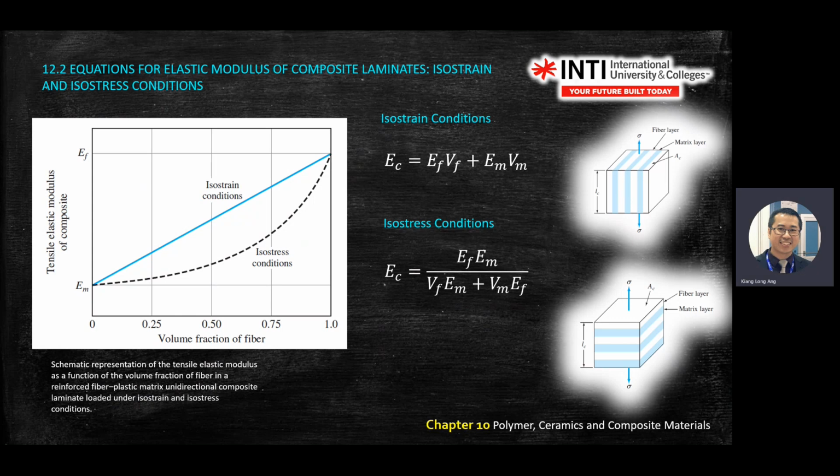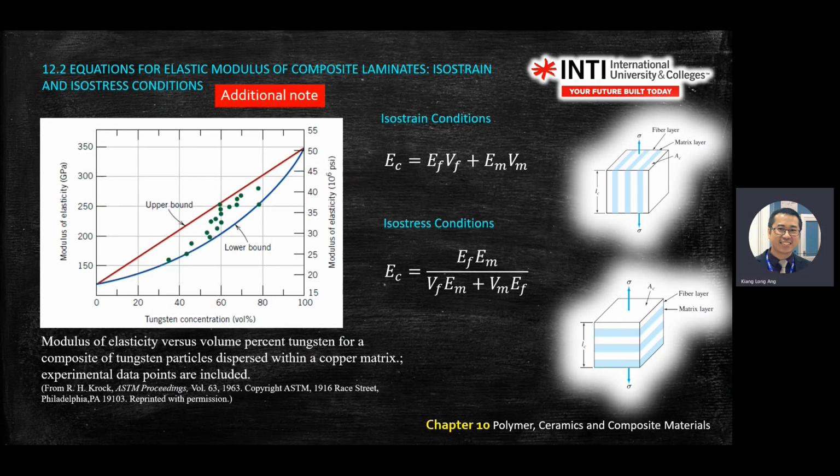If you're given a graph or an equation, a relationship between tensile modulus of the composite and the volume fraction, remember there is a y equal to mx plus c equation that you can use. This is a linear equation for isostrain. However, for isostress, you cannot. Isostress, you have a parabolic equation. So you have to use this equation.